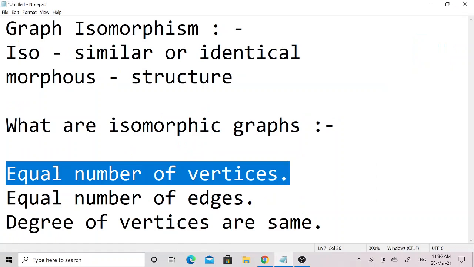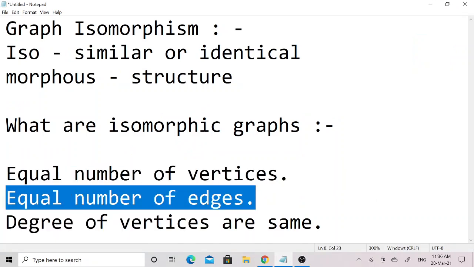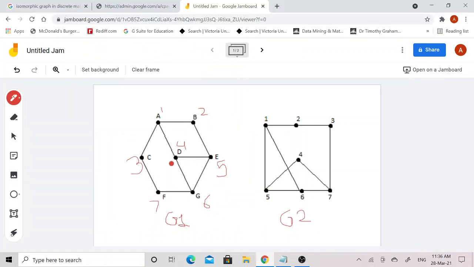Now we need to concentrate on the second parameter, that is an equal number of edges. It means two graphs must contain an equal number of edges. So this is edge 1. This is the first edge. Now this is the second edge. This is the third edge.